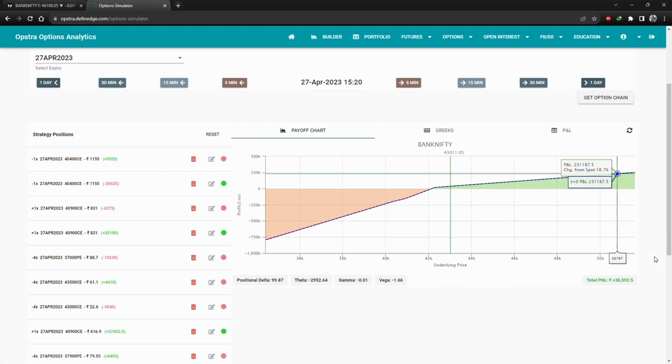This is what the payoff chart looks like for a bullish view. And I'm currently making only 36,592 rupees. So this is what I'm actually talking about. If your view is wrong, then you are not going to make any good amount of profit. That is the reason why I was emphasizing that you should know about charts and your view should be correct.